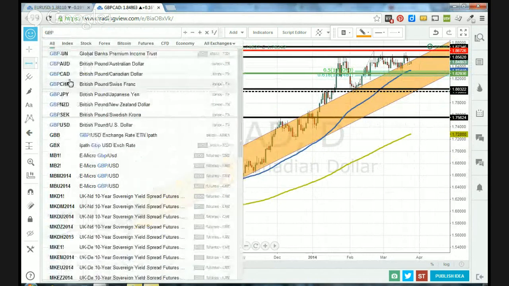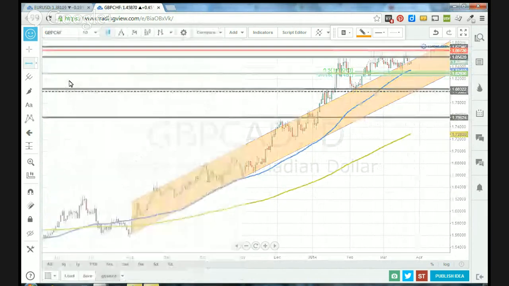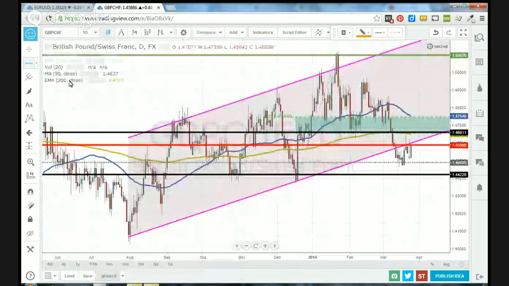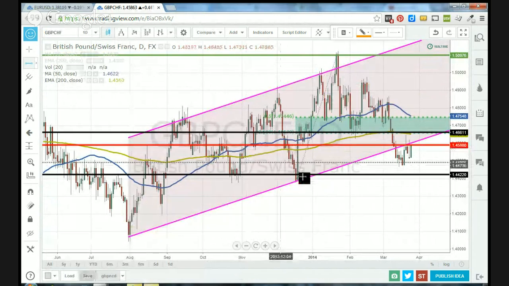Pound Swiss. Okay, big rally in pound Swiss yesterday. That's encouraging for bulls, but I still want to see price rally. Yeah, I kind of don't want to do anything with this at the moment because this still looks a little too choppy to me.